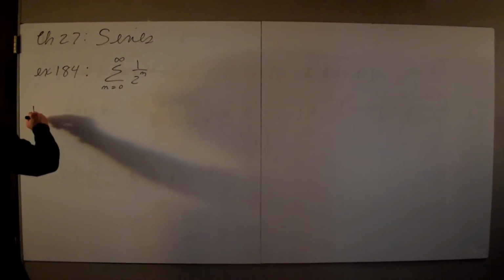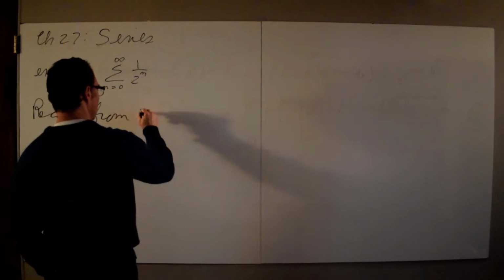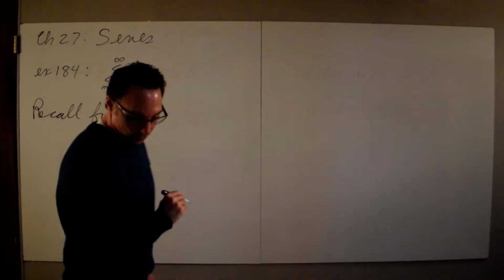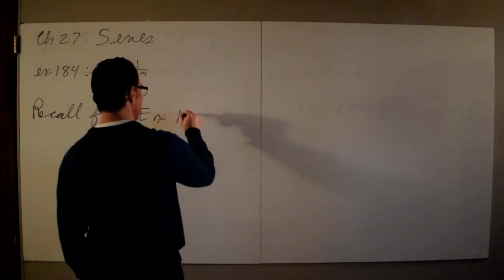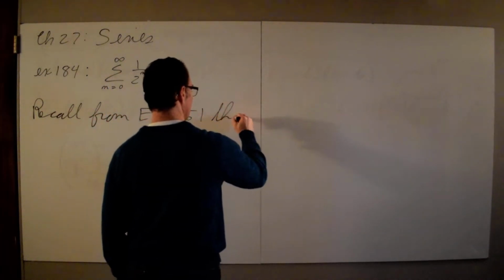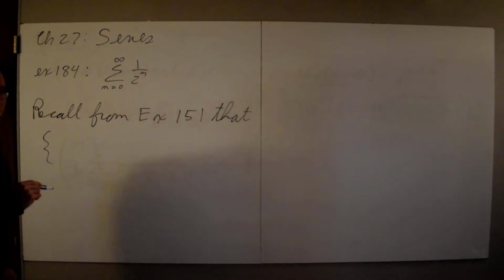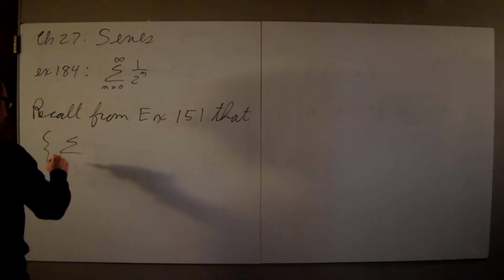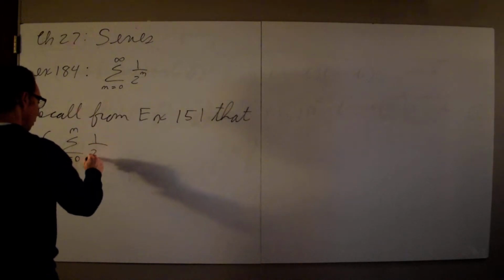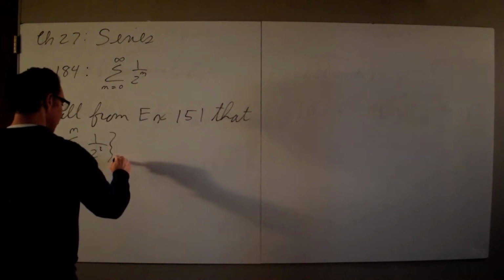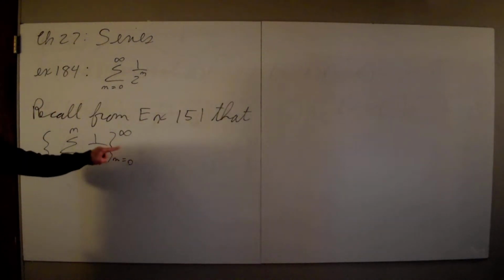Recall from example 151 that this series converges. The series of i equals 0 to n of 1 over 2 to the i, where n goes from 0 to infinity.